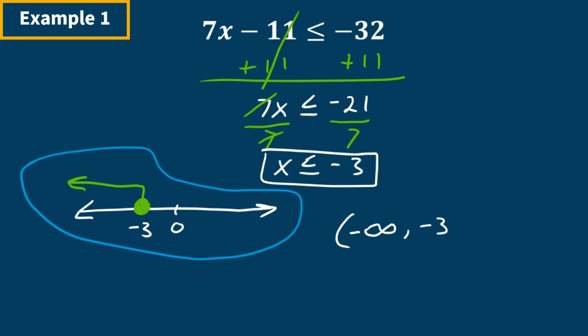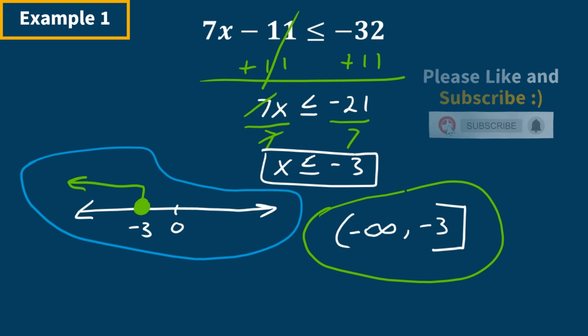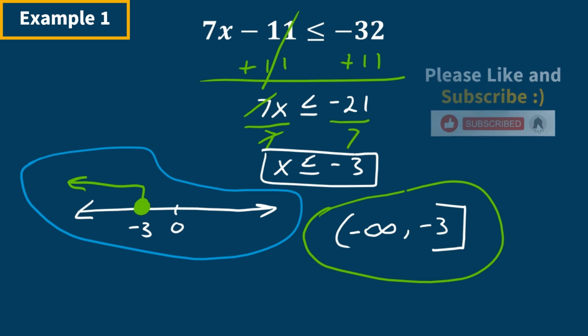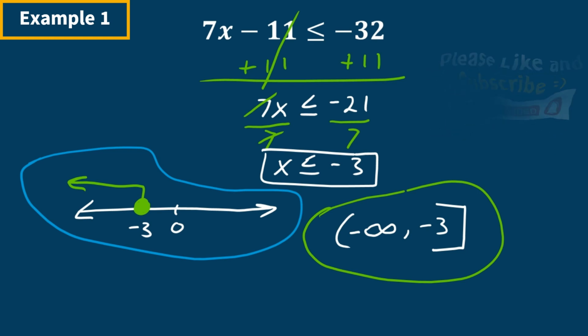Now, at the end point, you see how this is a parenthesis, because you can't be infinity, so we put a parenthesis there. However, this is saying that x is also equal to negative 3, therefore we write down the interval using a bracket. And this one is going to be the third way we write down our answer. So now that we found all of our answers, this example is complete.